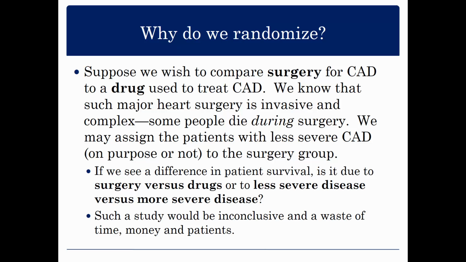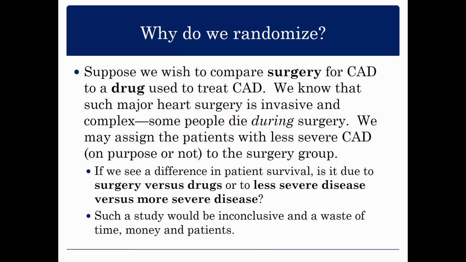Why do we randomize? Here's an example in coronary artery disease. Suppose we want to compare surgery to a drug. We know that major heart surgery, we're a physician, we know major heart surgery is invasive and complex, and we worry about some people dying during surgery as opposed to actually dying from the disease.